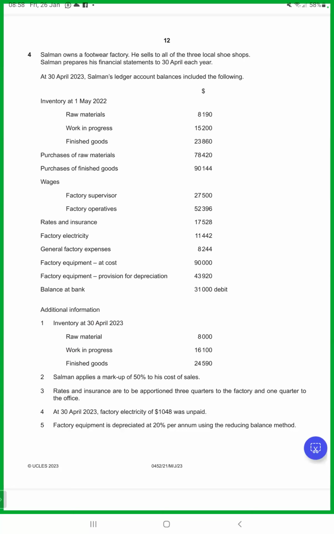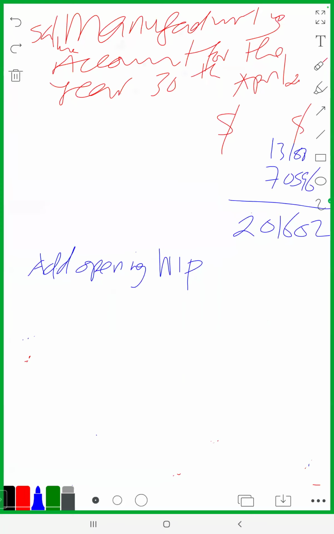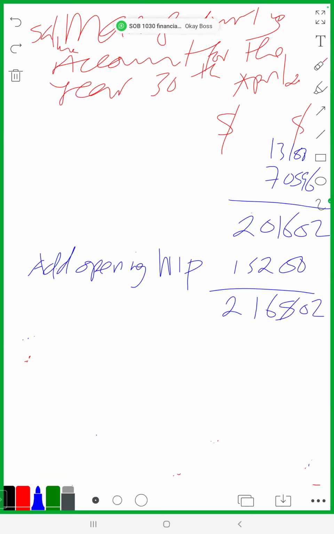That is the one, 1st May, which is the opening of the period. There are 15,200. That's the one that we want. So 15,200, and then we add to this 201,602. We are in the last column, by the way. Everything is now happening in the last column. You have 216,802.